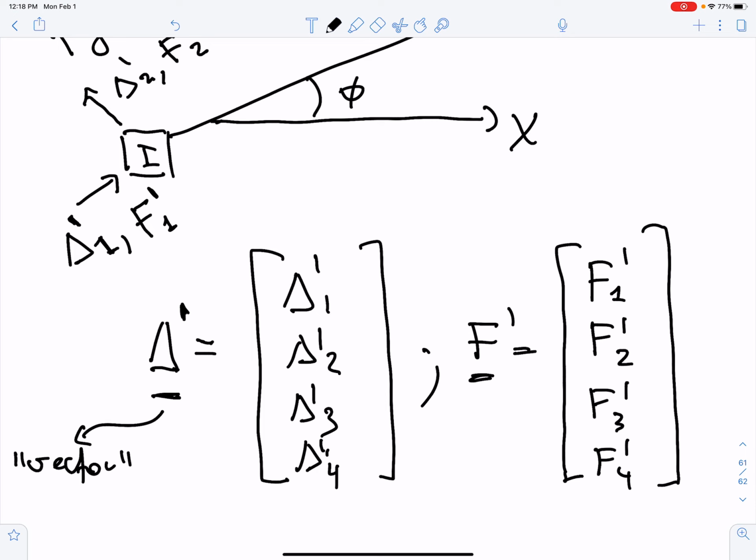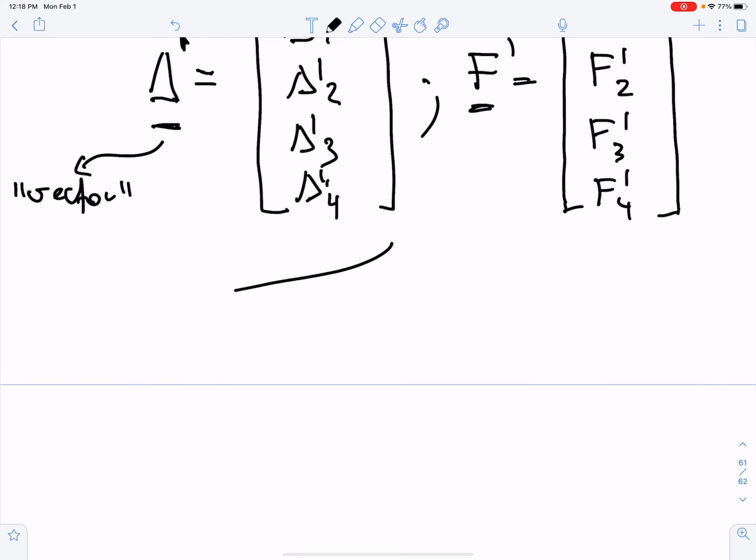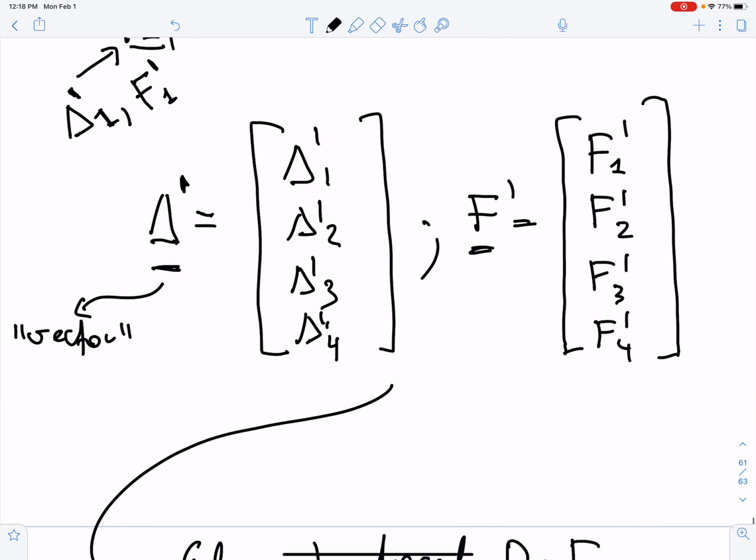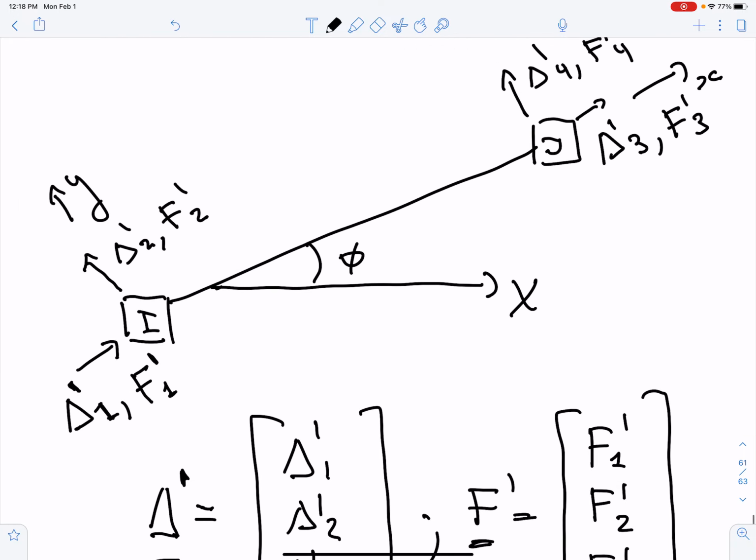These become element, not global but local, degrees of freedom, DOFs. Local here refers to the fact that displacements and forces are referred to the local coordinate system. So delta prime 3 would be the amount that node j displaces by in the little x direction.